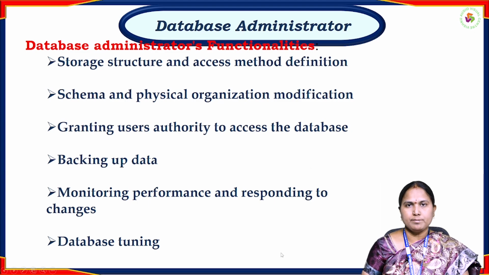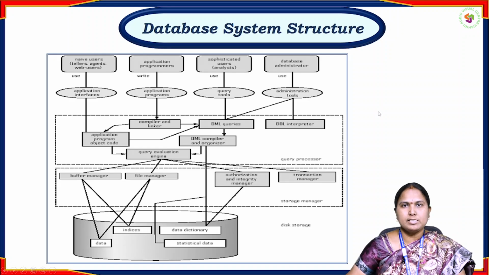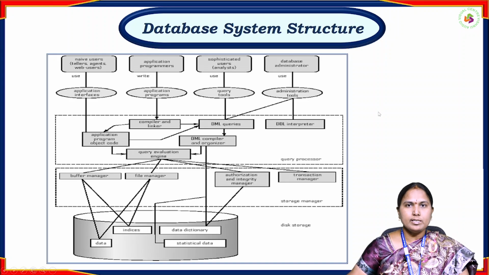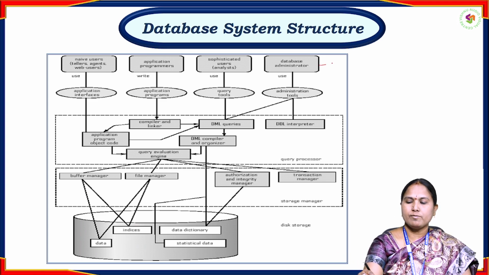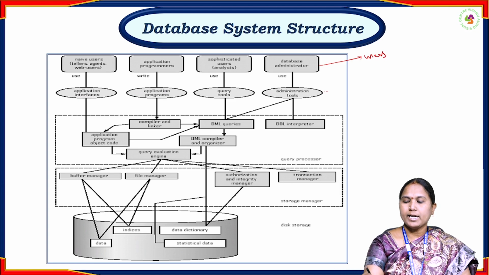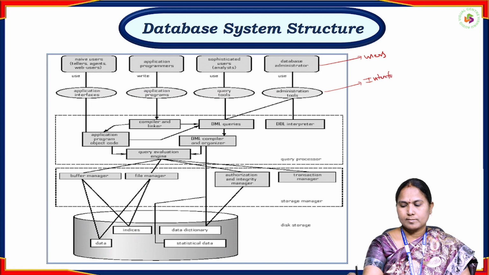Coming to the next one, database system structure. What is the importance of the database system structure? The database system structure mainly concentrates on, first, users. Second is interface. Third is query processor module.